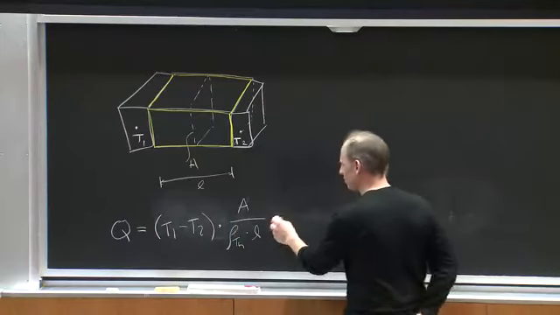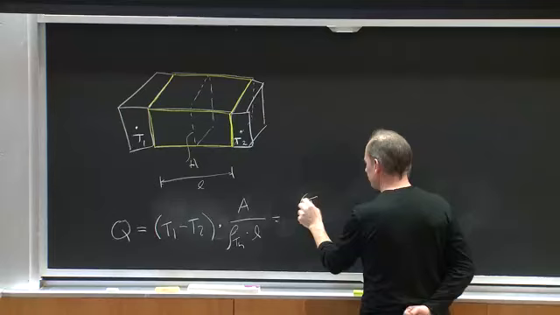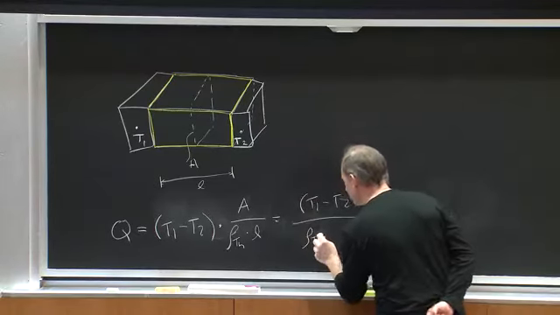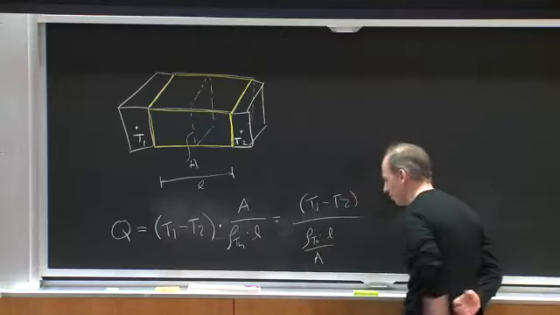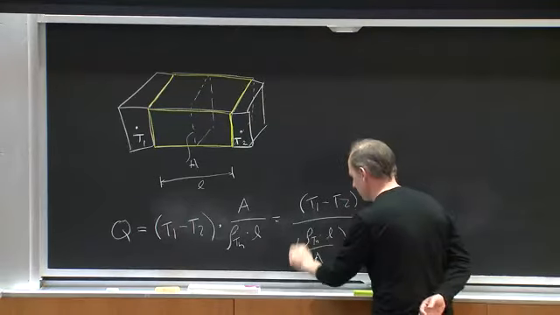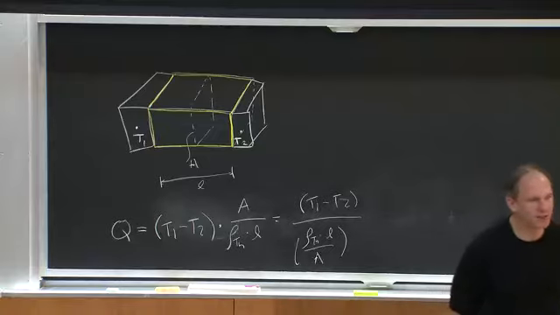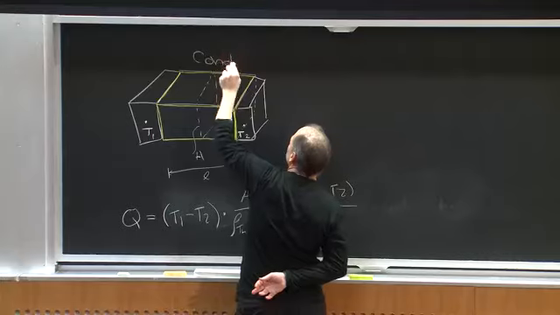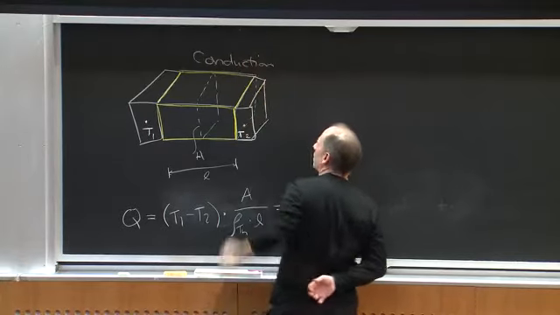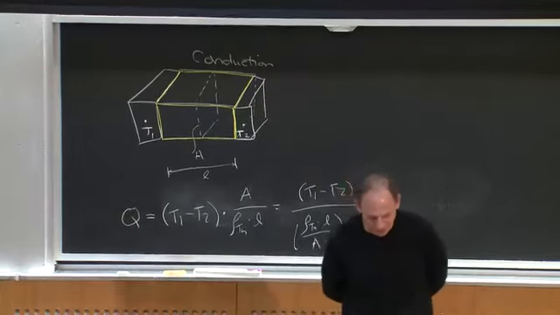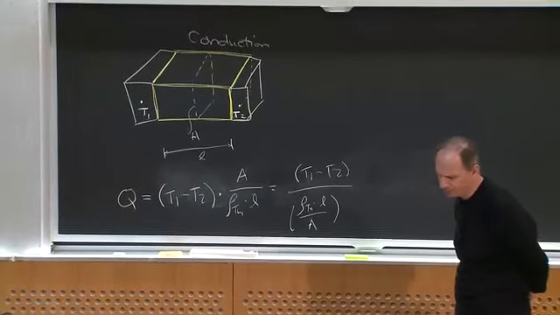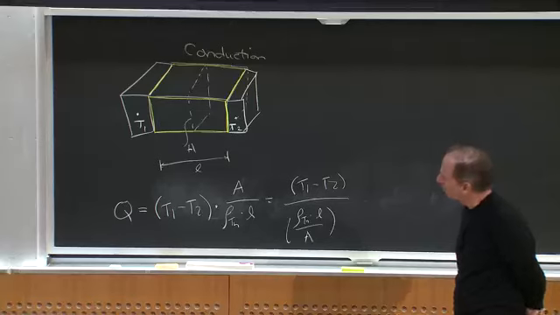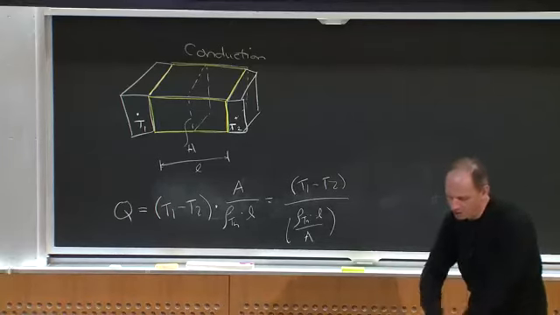I could rewrite this as T1 minus T2 divided by RTH times L divided by A. That would be another way to write this, okay? So this would reflect conduction of heat, okay, in steady state. This relationship is sort of a bulk relationship, right?